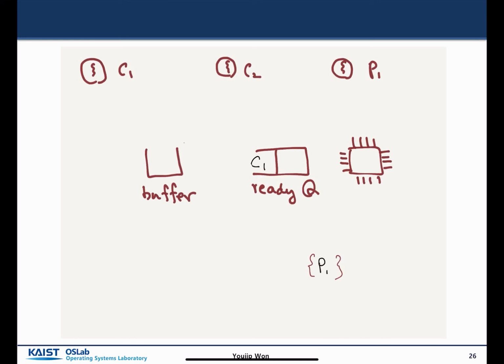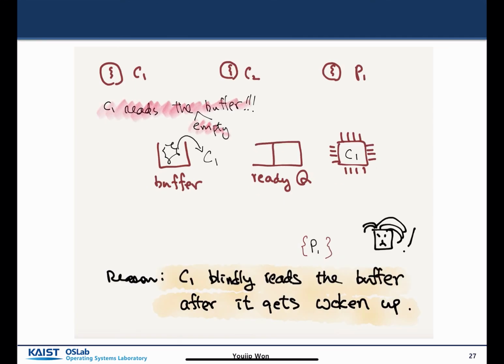And of course, P1 is waiting in the sleep state for the buffer to be emptied. Now, C1 reads the empty buffer. Okay. So the problem is, according to the previous code, C1 blindly reads the buffer after it gets woken up.